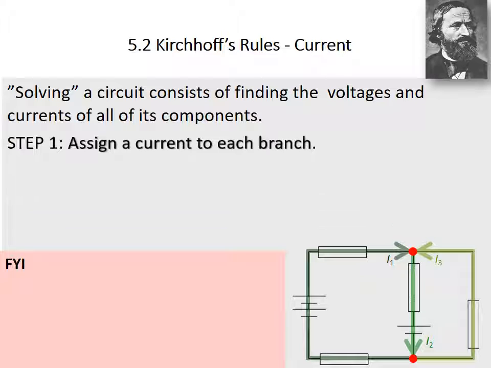So step number 1 in solving a more complicated circuit is to assign a direction of current for each branch. In this case, it's already been done for you, and you should copy the circuit below. We have current coming out of the positive end of this battery and into this junction, and this is I1 as labeled right here. Then we have this current going into this branch, and this becomes I2.